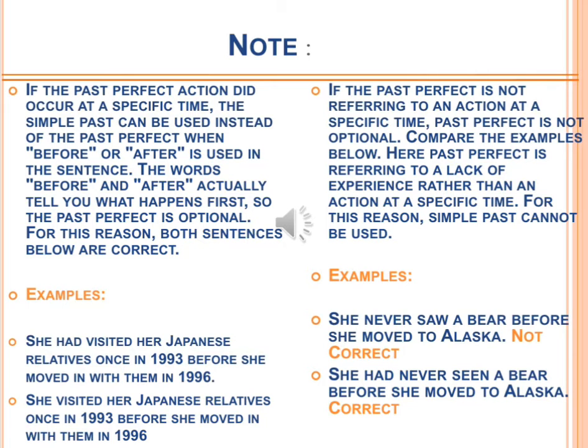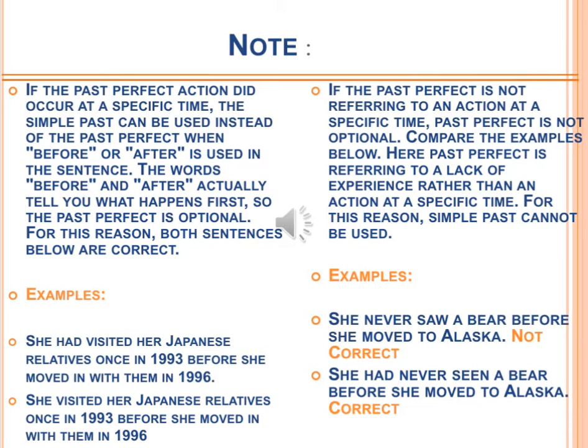Example: she had visited her Japanese relatives once in 1993 before she moved in with them in 1996. She visited her Japanese relatives once in 1993 before she moved in with them in 1996.